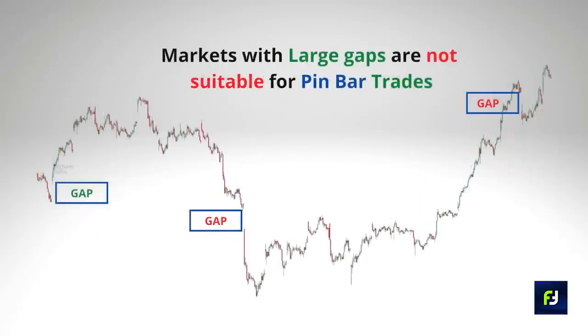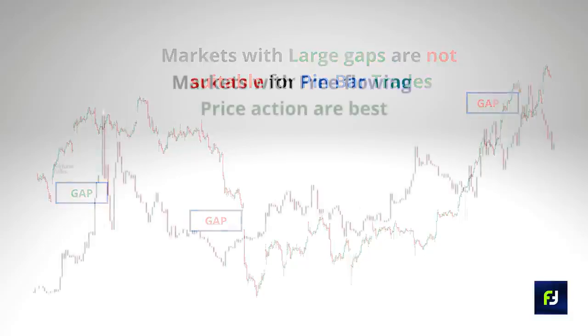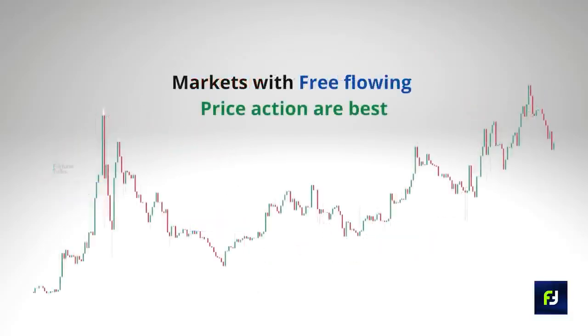But markets such as individual stocks that can often have large gaps like gap ups or gap downs are not ideal for pin bar trading. Instead, the markets which are fast and free-flowing with smooth price action are actually good for pin bar trading. So markets like forex, crypto, etc. are the best candidates for this particular strategy.